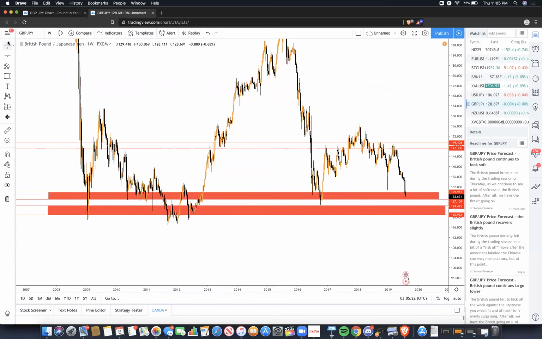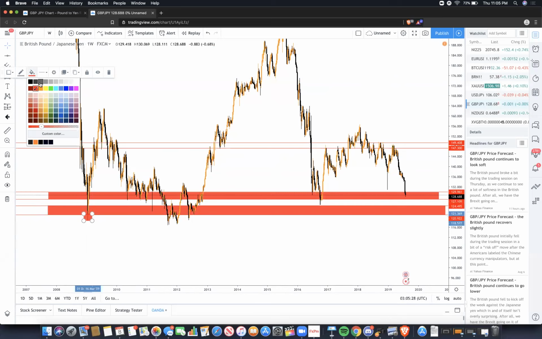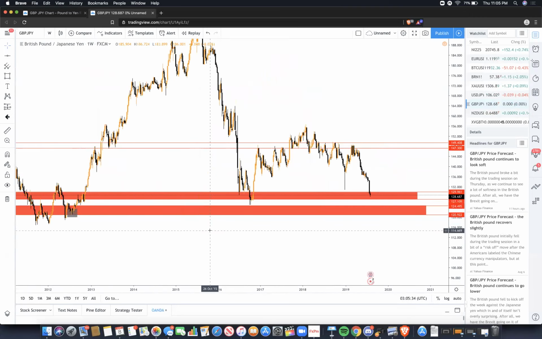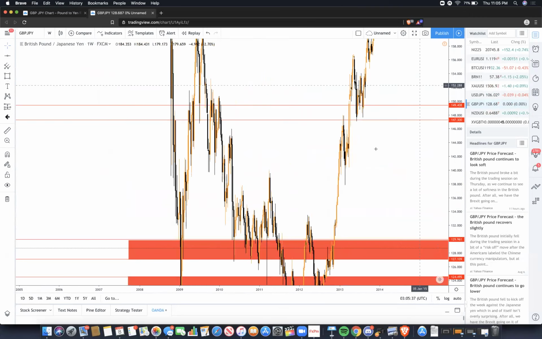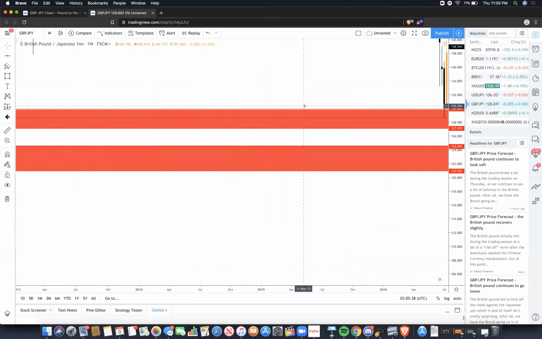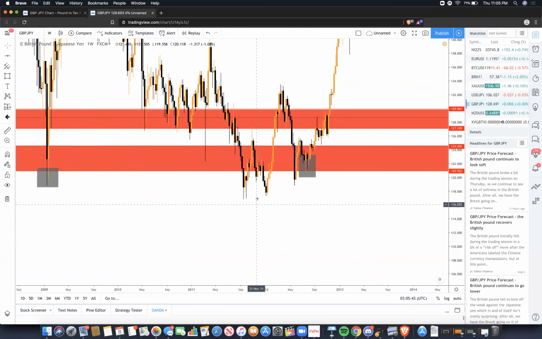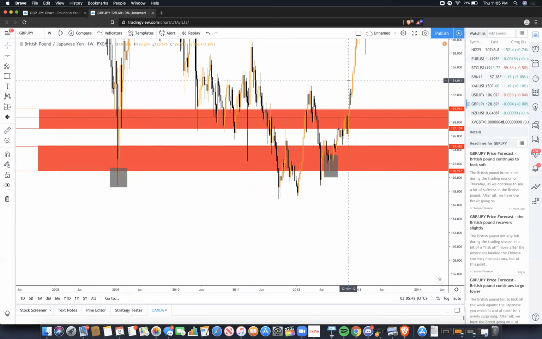See the fake out? I'm going to use this tool here with different colors so we can identify that. See the fake out? The retest right here? The market faked out of the zone multiple times over here, but it wasn't until the market retested the zone and started making its move to the upside.